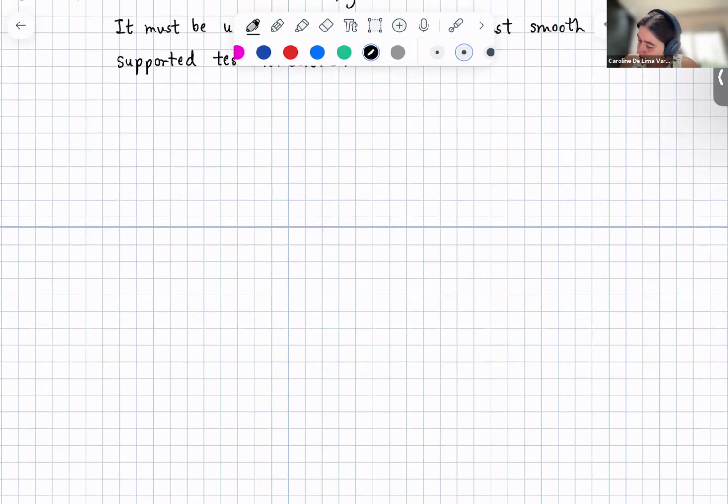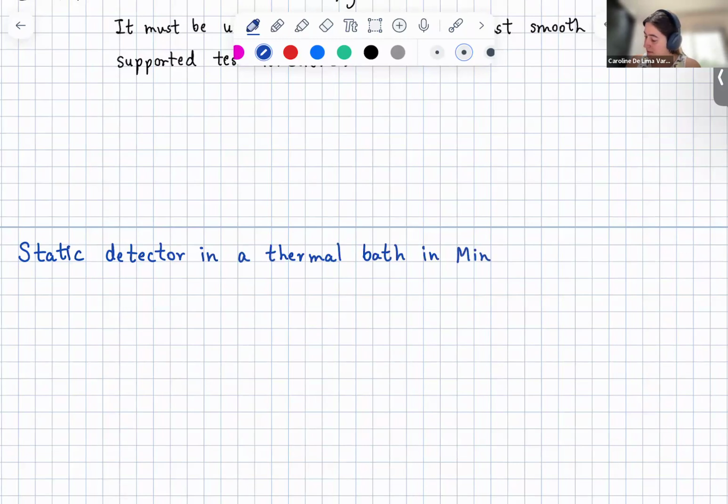So let's just have a look into that. So now I want to compute, and I promise the calculation that I just did is going to show up at some point. That's why I did it. So let's compute the static detector in a thermal bath in Minkowski.